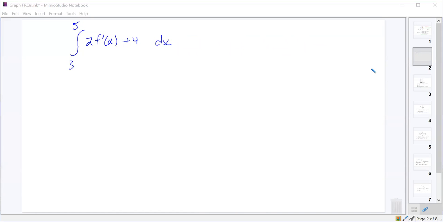All right, part B asks us to find the integral from 3 to 5 of 2f prime of x plus 4. This can be separated into two different integrals, right? One that is 2 times the integral from 3 to 5 of f prime of x plus the integral from 3 to 5 of 4.